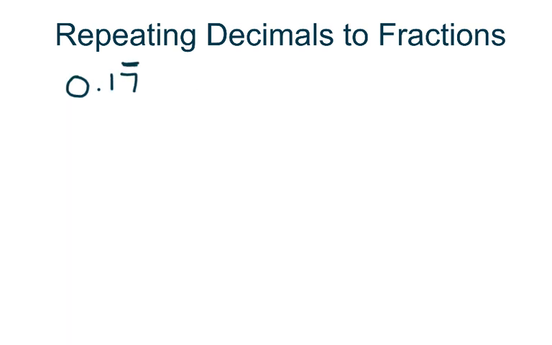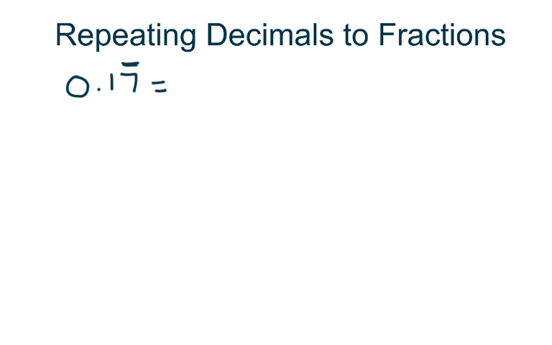Now we have one that's a little bit different. For this repeating decimal, this is 0.17, and it's only the 7 that repeats. So this is going to require a little bit more of a calculation. Same start though, because we have only one decimal place that repeats, that means we're only multiplying by 10.